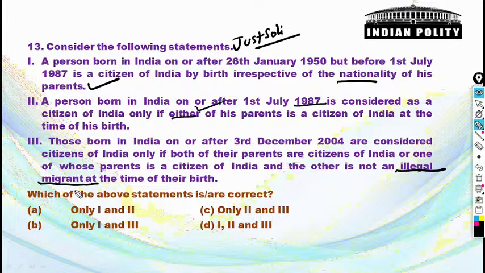And if one parent is Indian, that will do, but the other parent should not be an illegal migrant. It means that the person should not have acquired a visa by fraudulent means or should not have overstayed the visa period without permission.